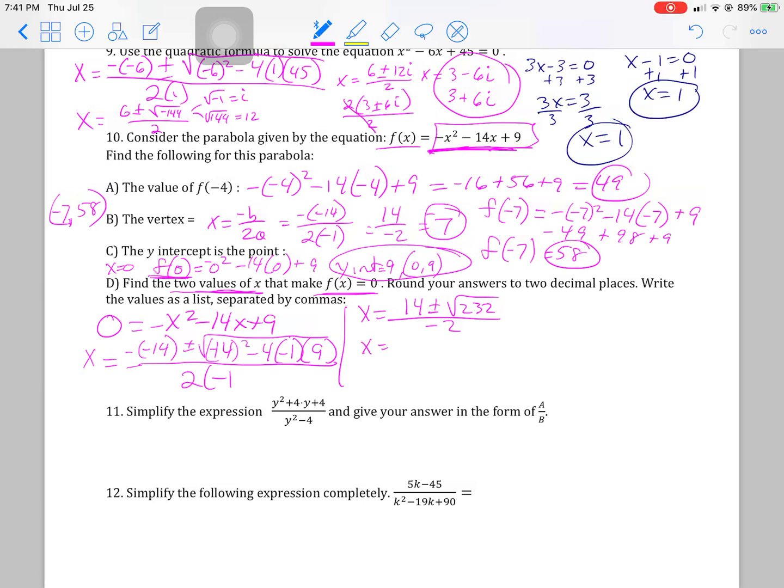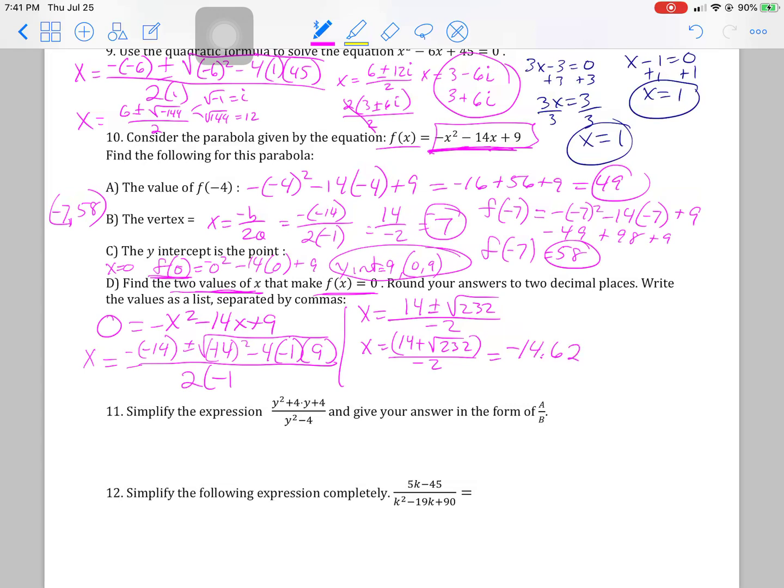All right, so x equals 14 minus 232. Let's go with plus first. We crunch that out in the calculator. Remember, you're doing the whole numerator first, and then dividing by negative 2, so that's going to give you a negative 14.62.